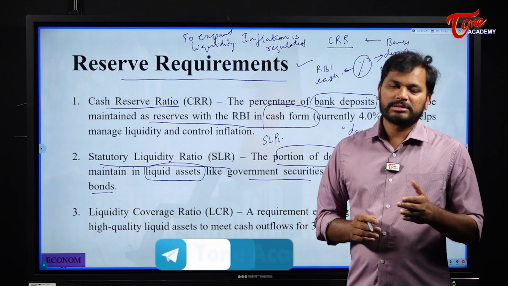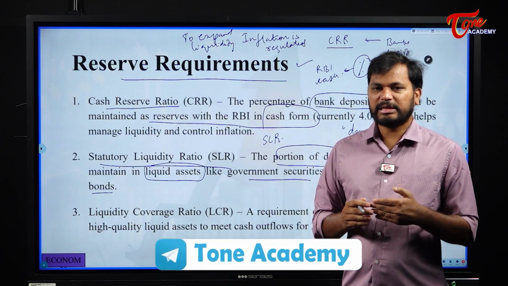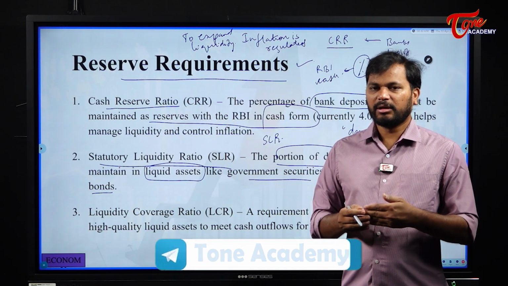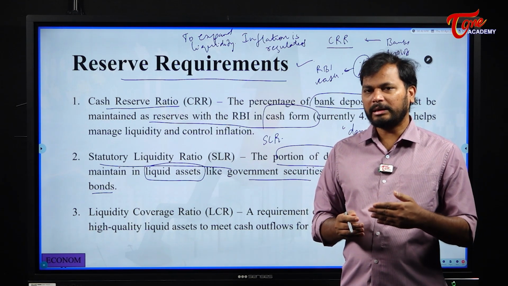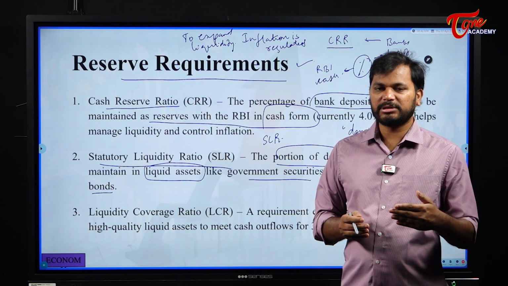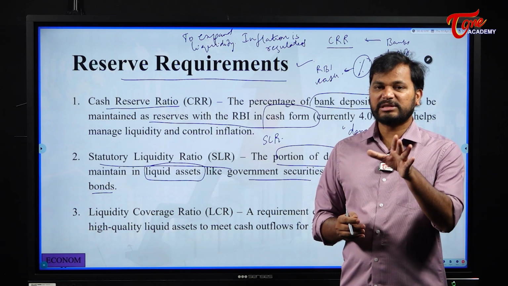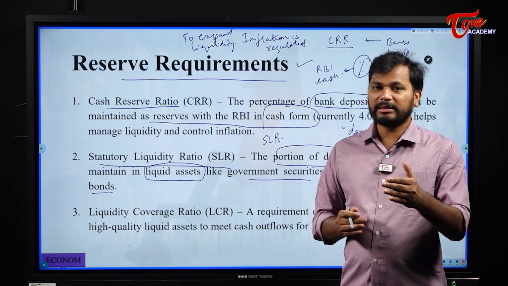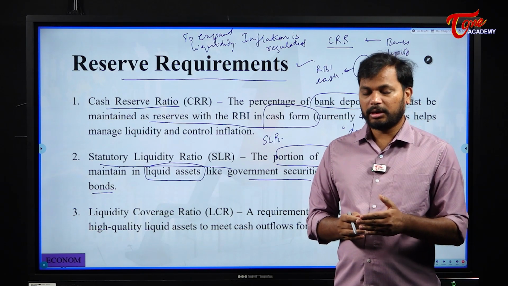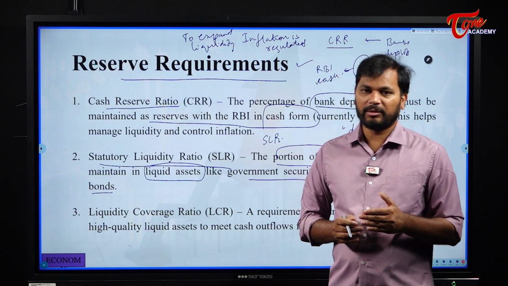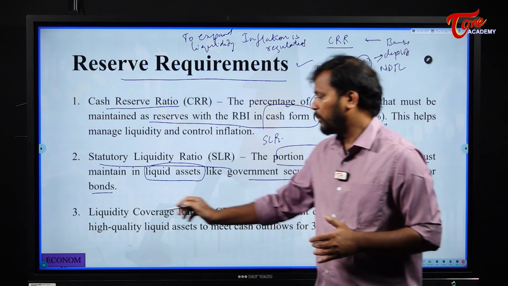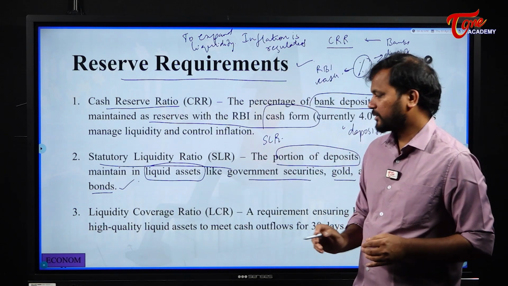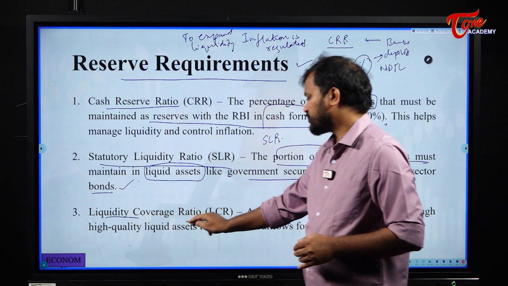So, statutory liquidity ratio is a system where the bank is mandated to maintain a certain percentage of its deposits in the form of liquid things like gold, government securities and public bonds. Clear? Next, liquidity coverage ratio.